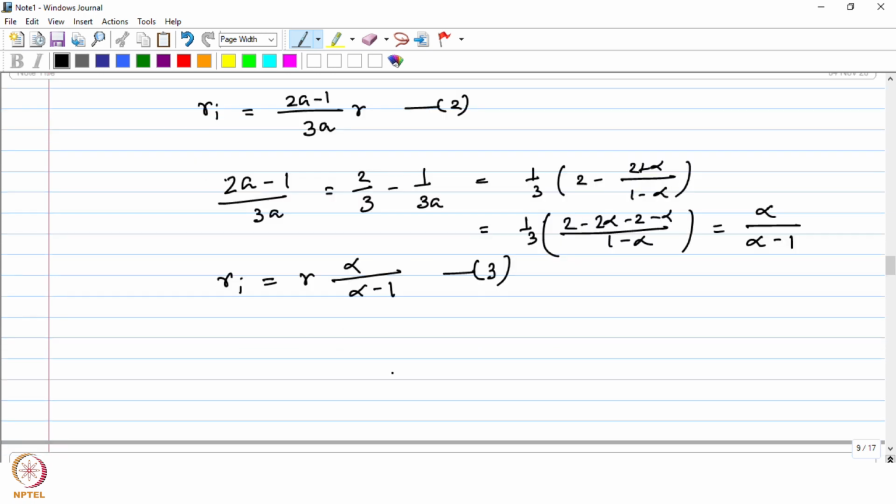So now again you can see the effect of alpha on the curvature of the interface and whether it will be developing a bump or a trough. That can also be seen from this equation 3. For alpha less than 1, you can see that Ri is less than 0, and therefore the interface will develop a bump.